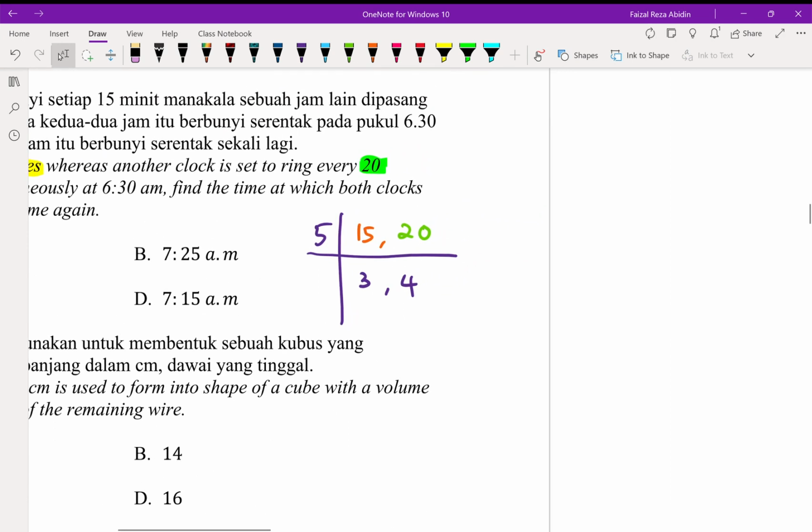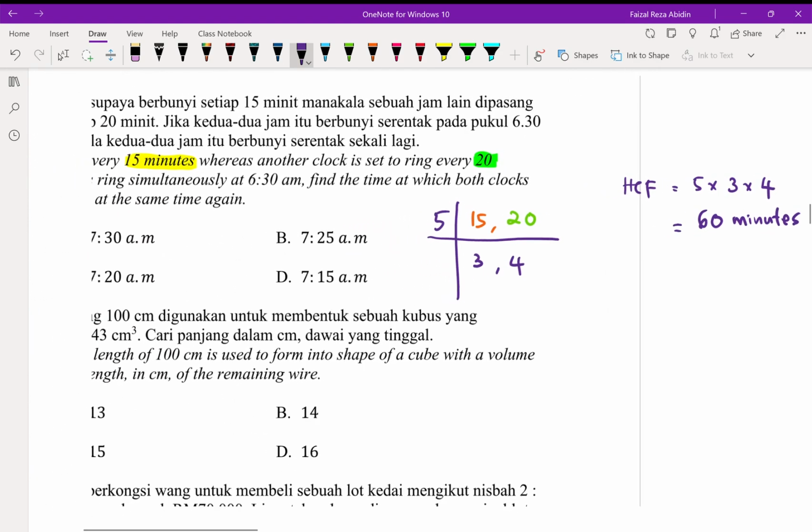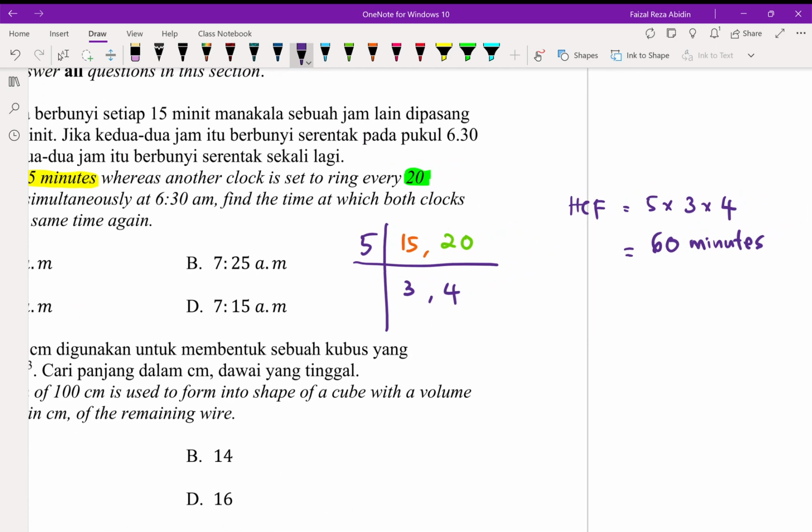Okay, so the highest common factor that we have over here is going to be 5 times 3 times 4. So 5 times 3, 15, 15 times 4, 60 minutes. Means that both clocks will simultaneously ring at the same time again after 60 minutes.